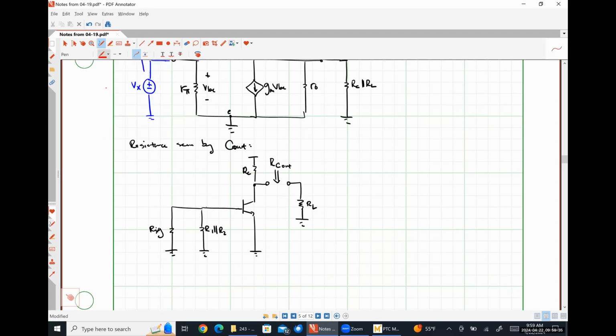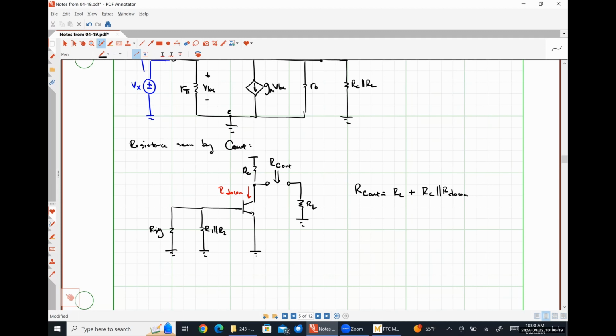So I would argue, let me put something here. This is the resistance that we see looking down into the collector terminal of the amplifier. So to me, RC out is going to look like RL, so that's the resistance that we have on the right-hand side, plus RC in parallel with that resistance R down, where I have RL plus that resistance, because we have effectively the exact same situation that we had previously.